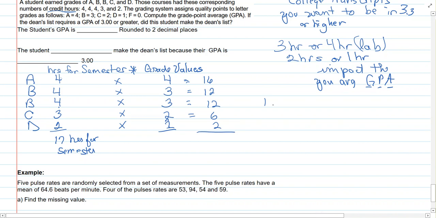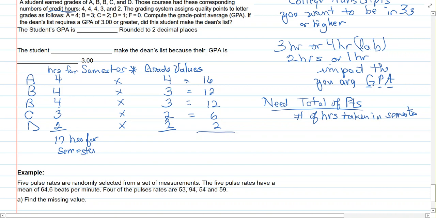All right, so now we need the total, and we're going to divide by the number of hours taken in the semester. All right, here we go.